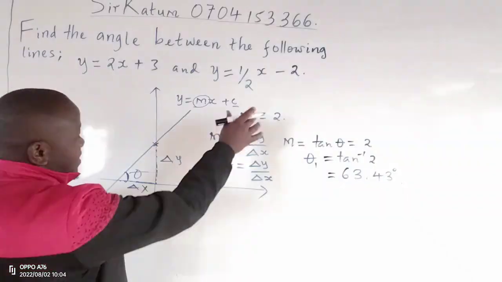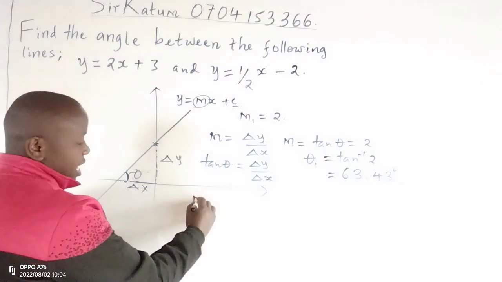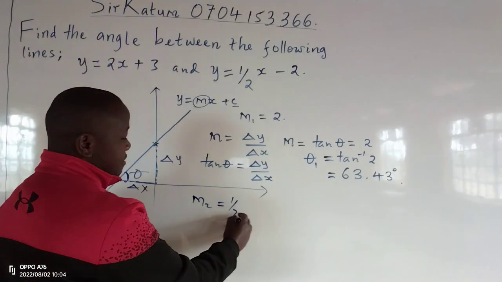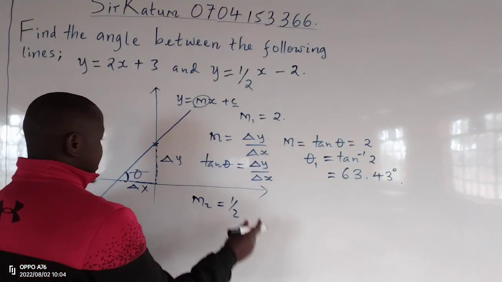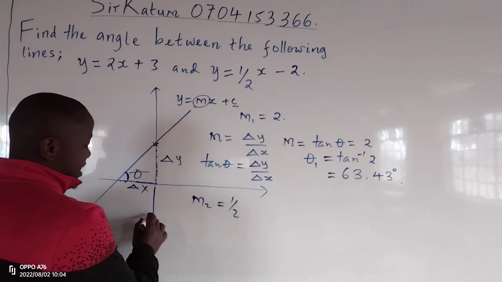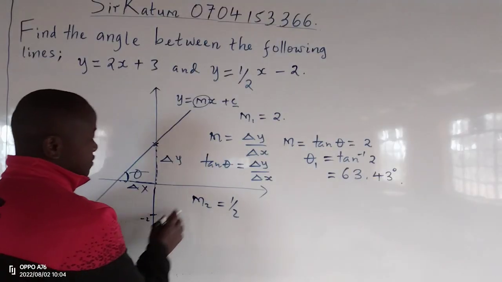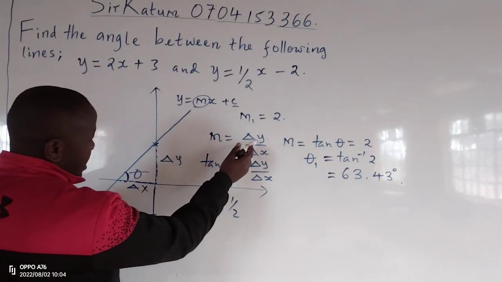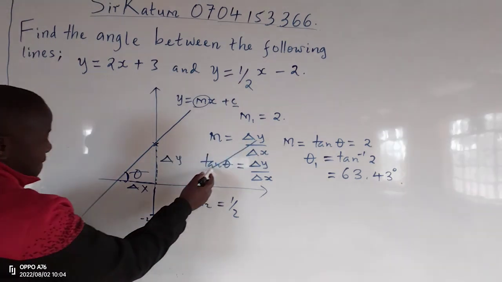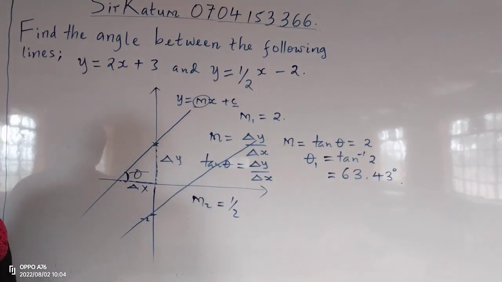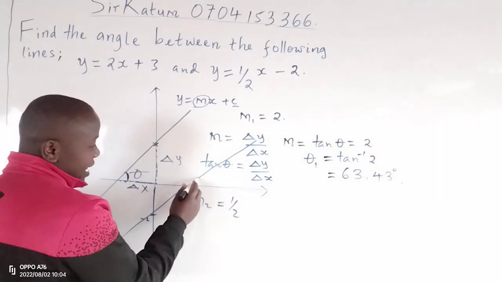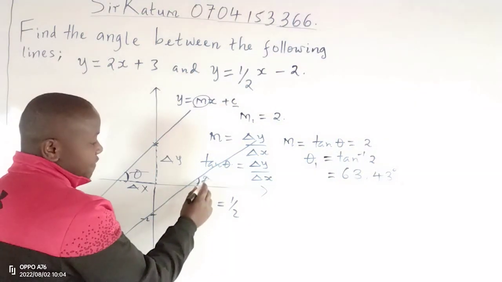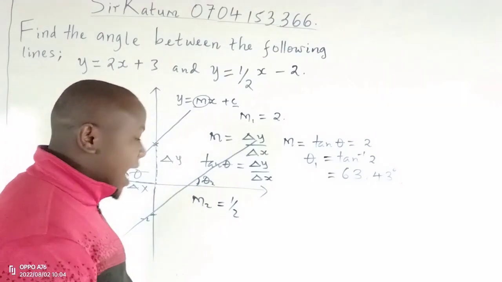Again, we can consider the second equation, where the second gradient is half, and the line cuts the y-axis at negative 2, such that the line behaves like this. Then this line also makes a certain angle, beta 2, with the x-axis.